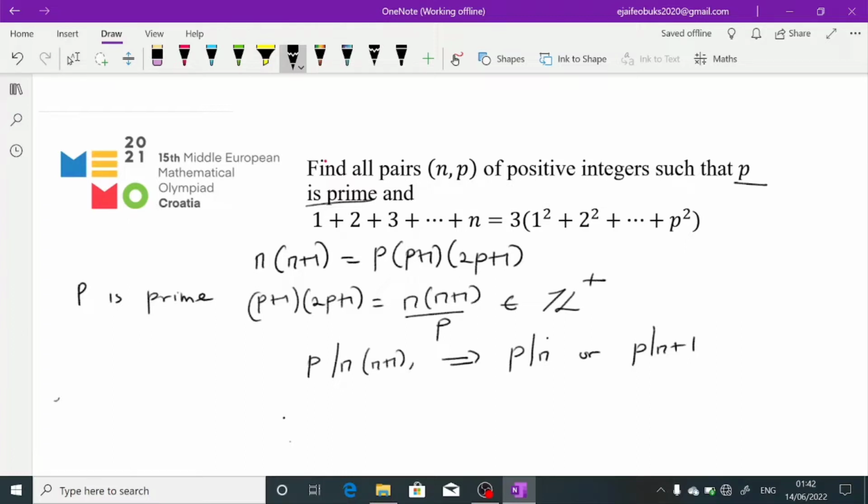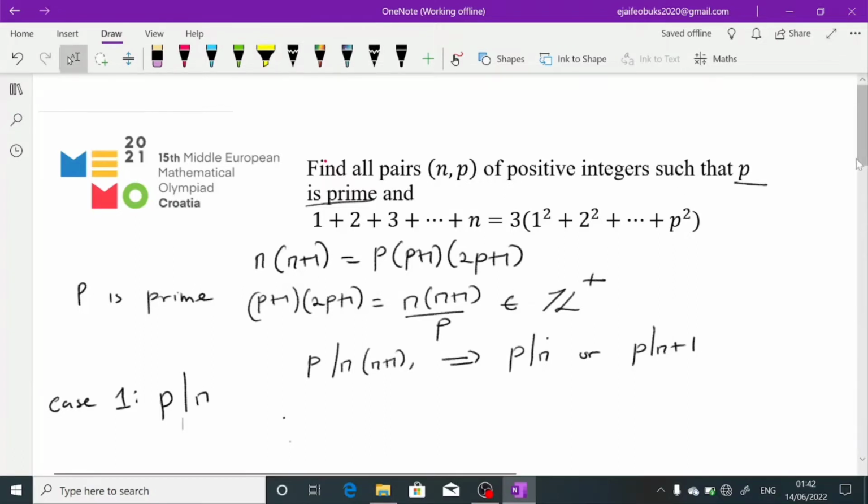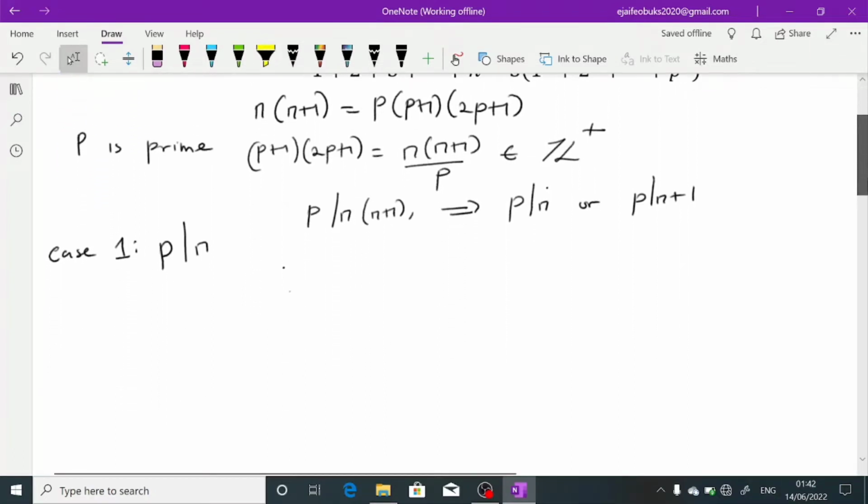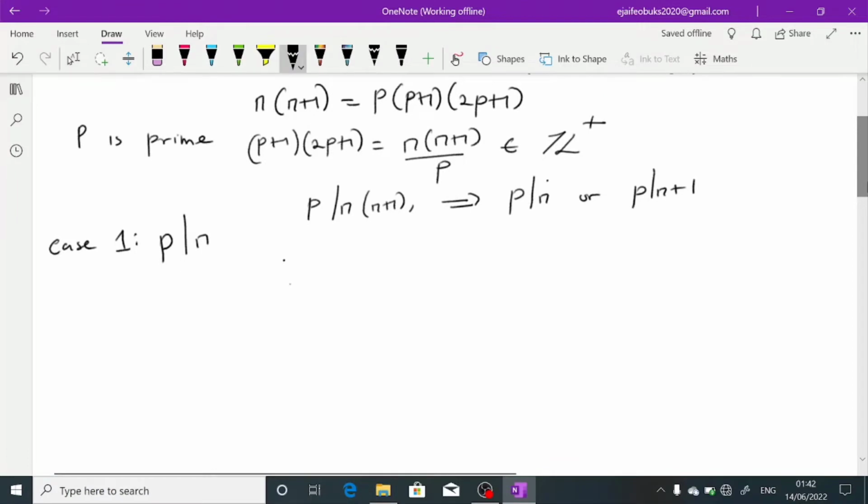So p is prime, p divides n. This is the first case we want to consider. In this case, let n equal p times t, where t is also a positive integer.